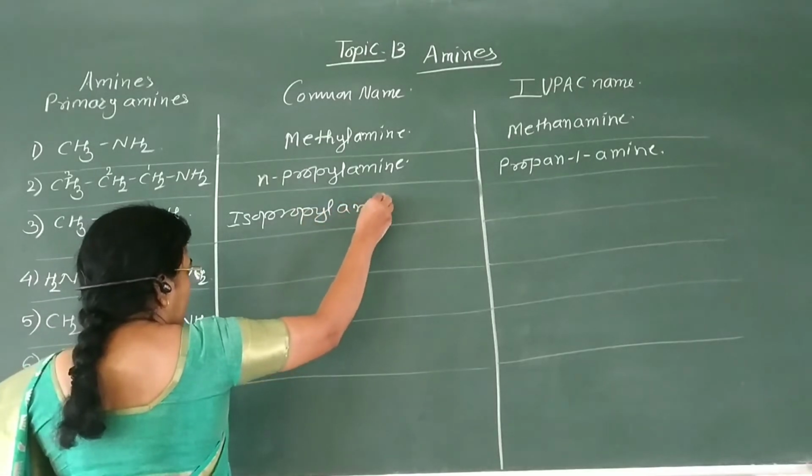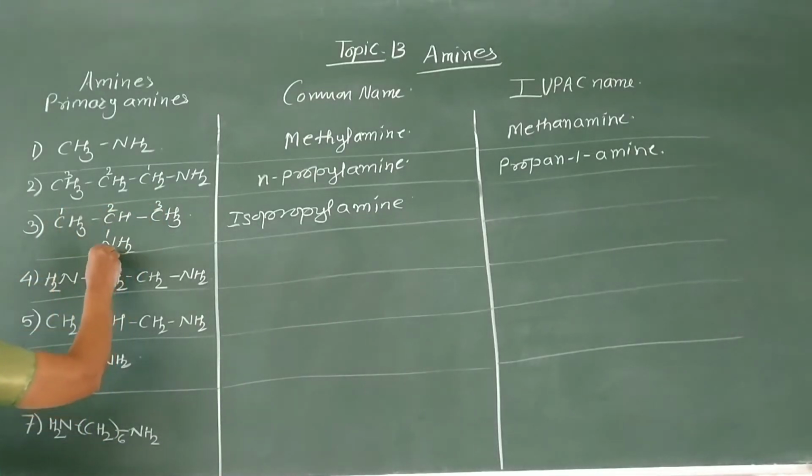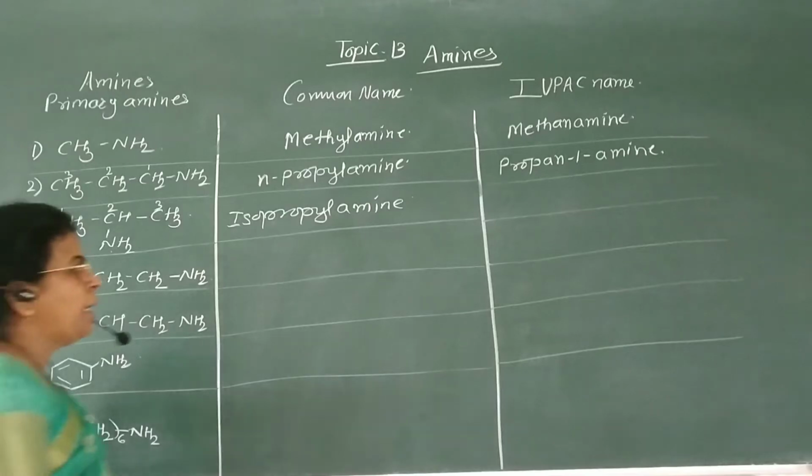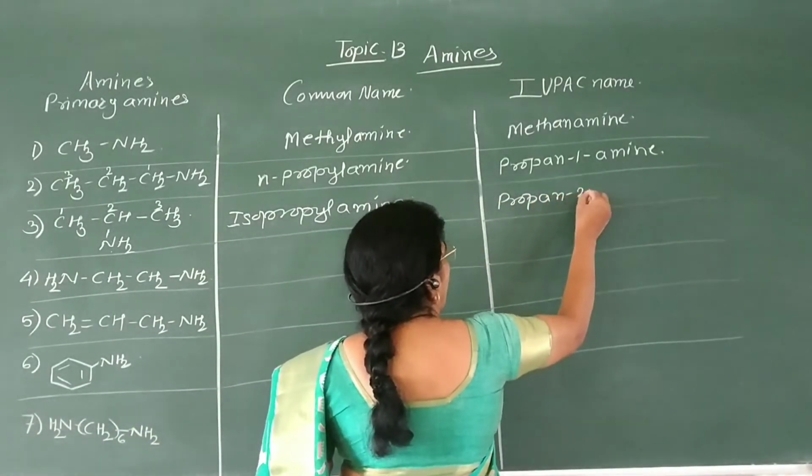This is the common name, isopropyl amine. Now in the case of the IUPAC name, give numbering 1, 2, 3. At the 2 position there is an amine group, therefore it becomes propane 2 amine.